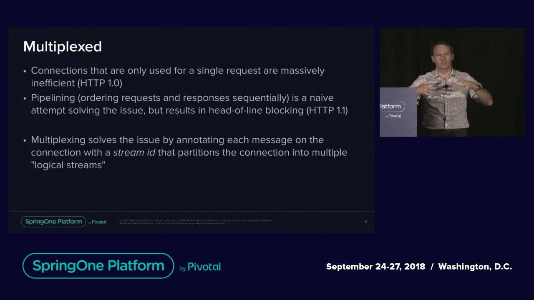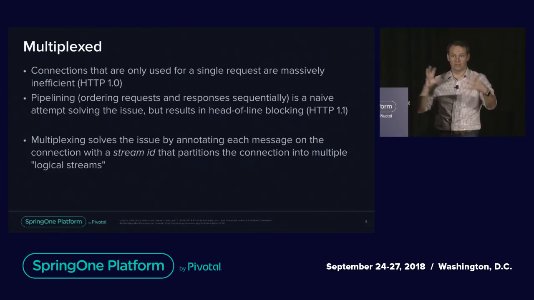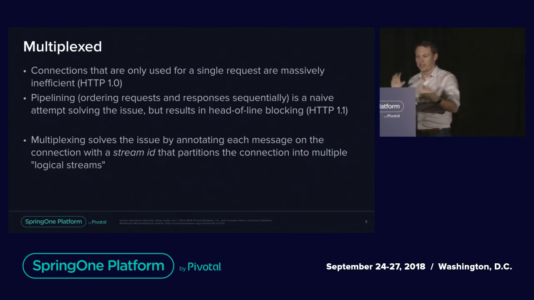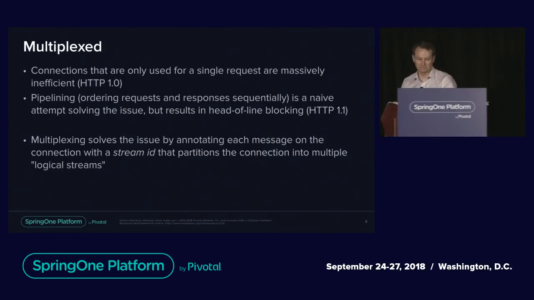But what you want to do is think of this as a logical stream. You've got a big pipe, and inside of that pipe, you can send a bunch of stuff on this runway, this runway, this runway. And as the messages follow one another, they can be decoded on the other end, broken out into logical interactions, regardless of the physical socket connection between those two.